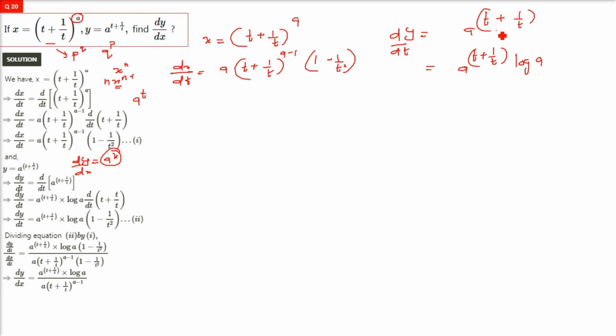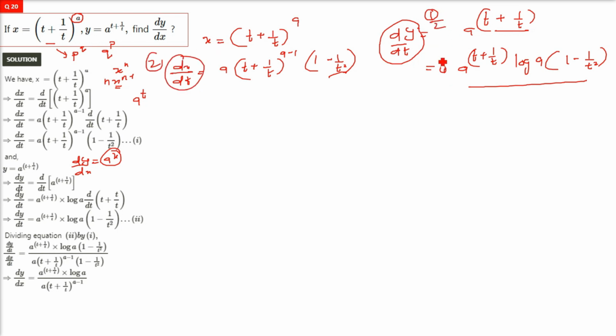Now this differentiation of t plus 1 by t, which we have already done, will be 1 minus 1 by t square. Now we have to divide them, so we do dy by dt divided by dx by dt. Let us divide it. So a to the power t plus 1 by t to the power a minus 1, times 1 minus 1 by t square.